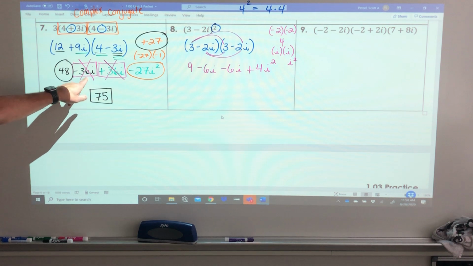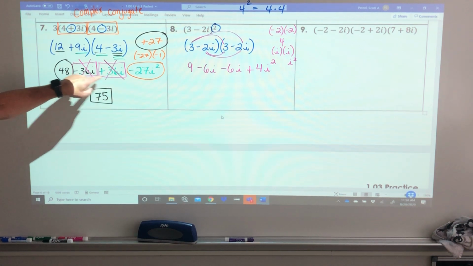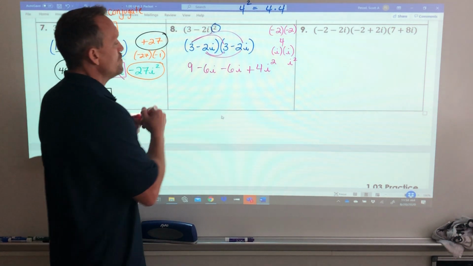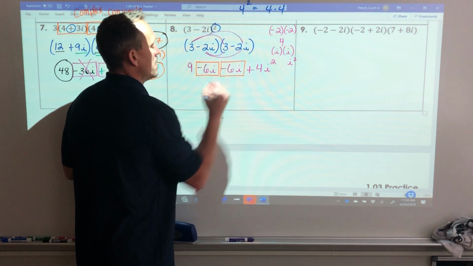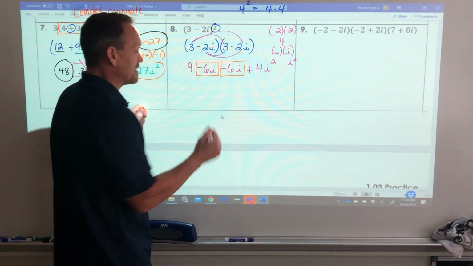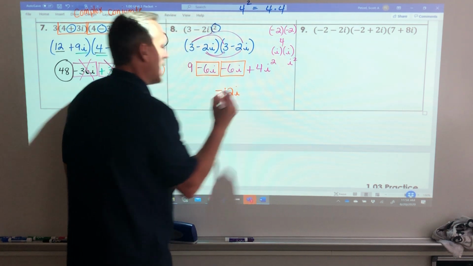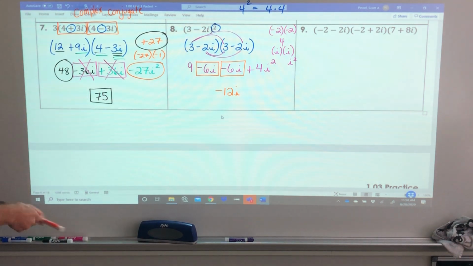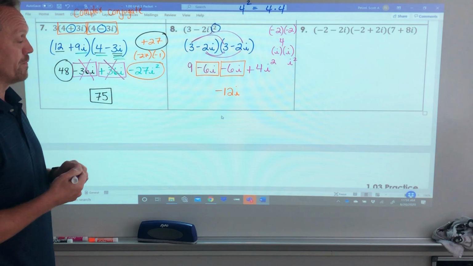You'll notice here, when they were complex conjugates, these inner pieces, these little imaginary numbers, go bye-bye. They disappear. Here, they do not. They are the same. So negative 6i minus 6i is negative 12i. So my b would be equivalent to negative 12.